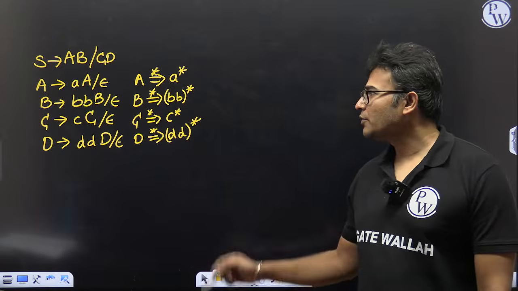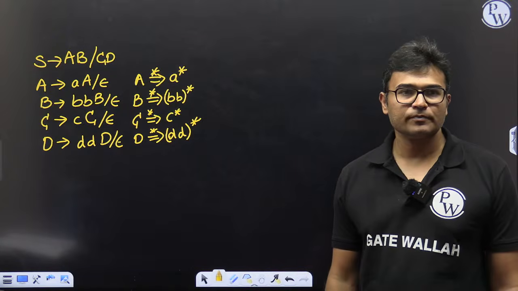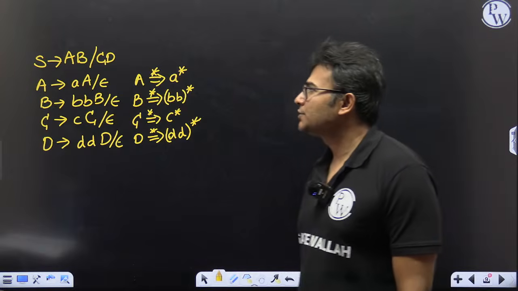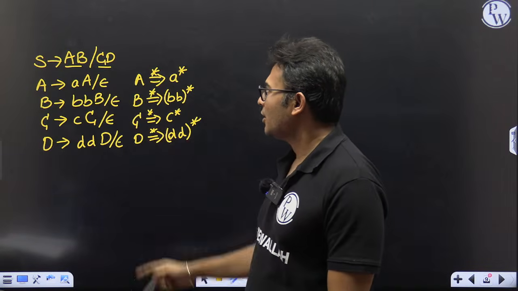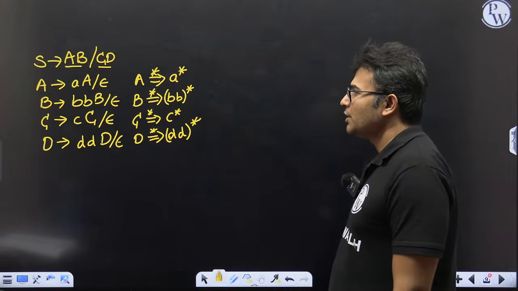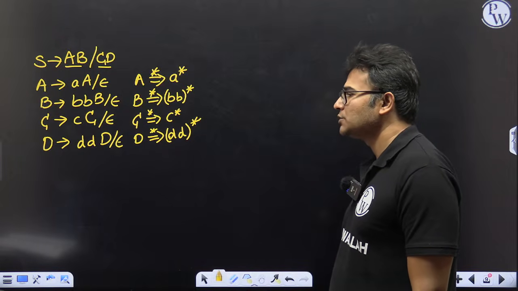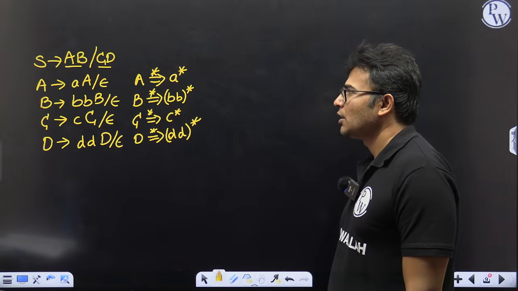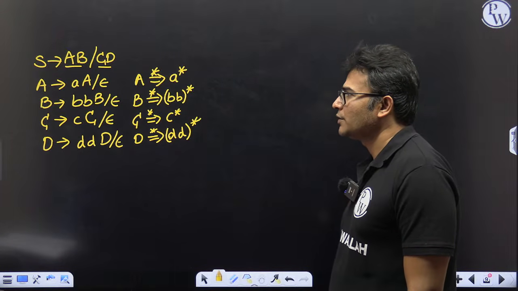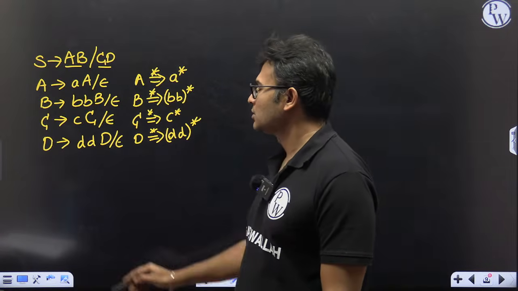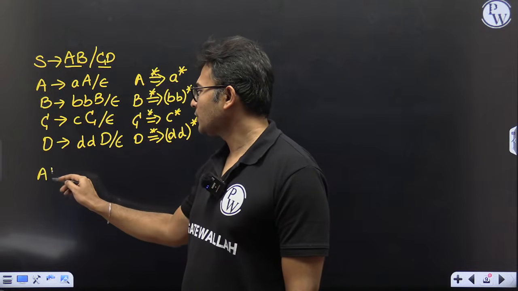So now you tell me whether this grammar is ambiguous. So S is deriving AB or CD. And I have individually given you what A, B, C, D are deriving. You can combine all of them. Now what is AB deriving?